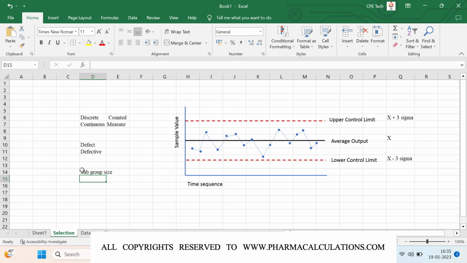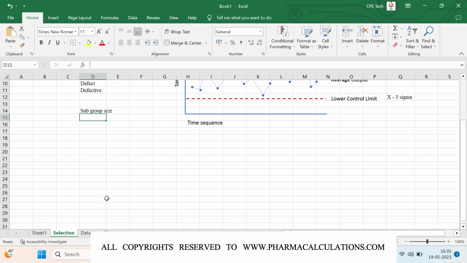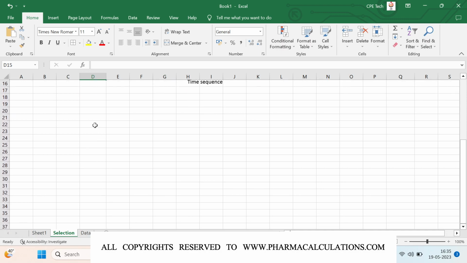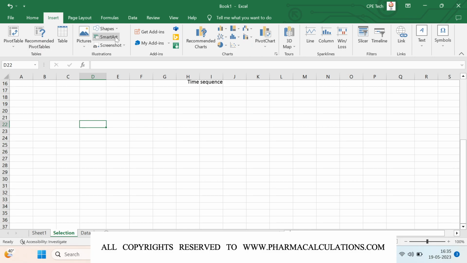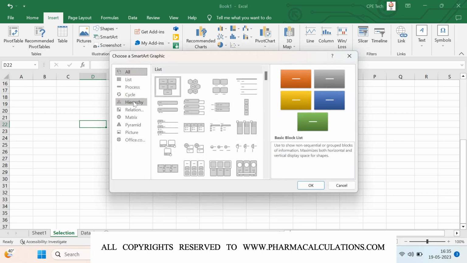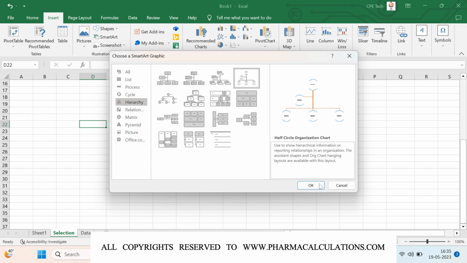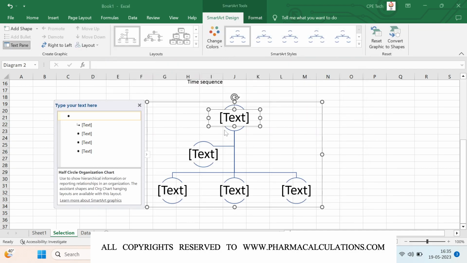And now let's see about the classification part. For this I will be using the smart chart. So here we got the data.